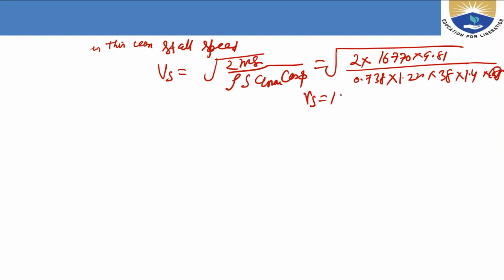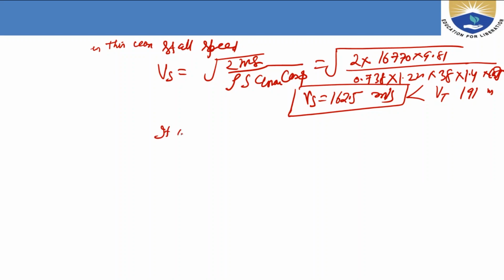So Vs we are going to get 162.5 meter per second. So this Vs is less than V turn, where we got 191.3 meter per second. So it is acceptable for the given conditions. So this is the one point.